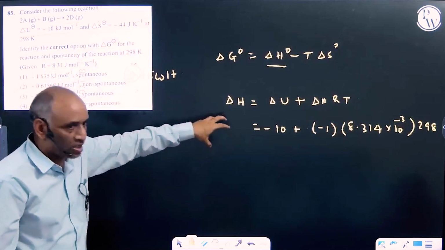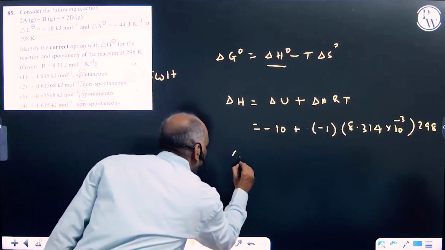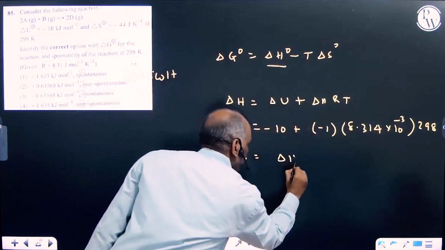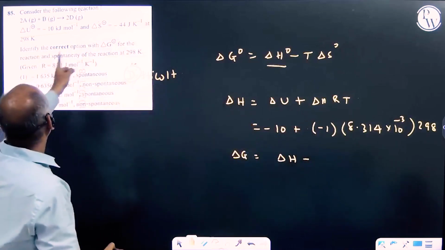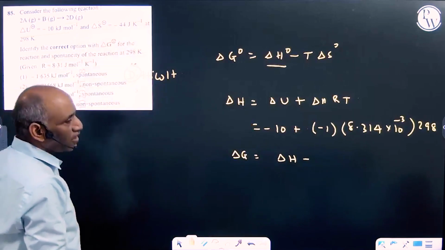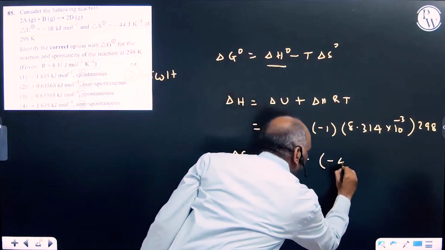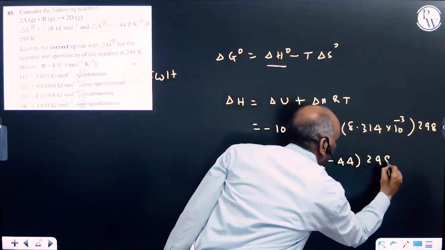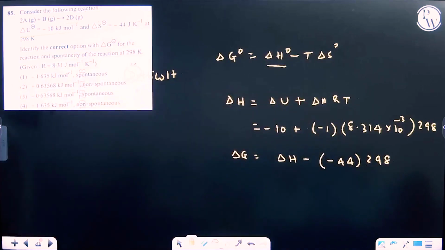Once you get this, then you need to go for delta G. That is nothing but delta H of this minus T delta S. This is given as 44. This will become minus of 44. And the temperature is given as 298. If you do those calculations and simplify, the value is turning out to be positive.